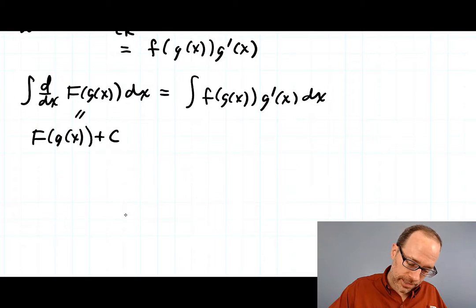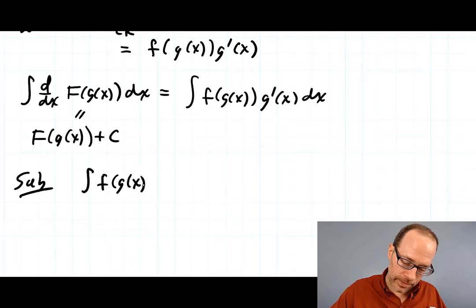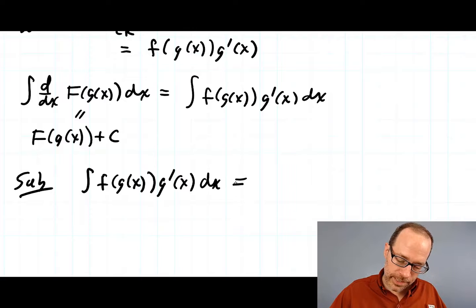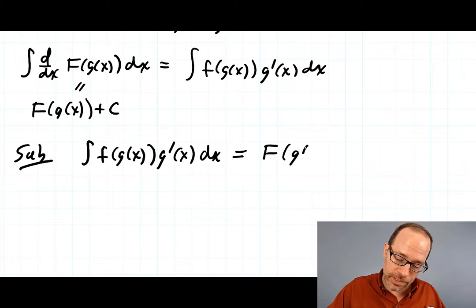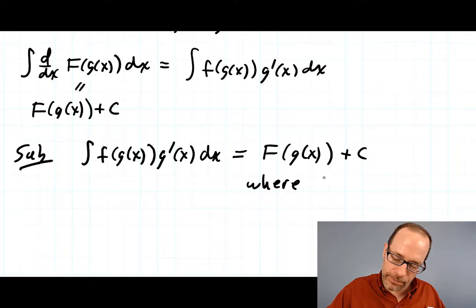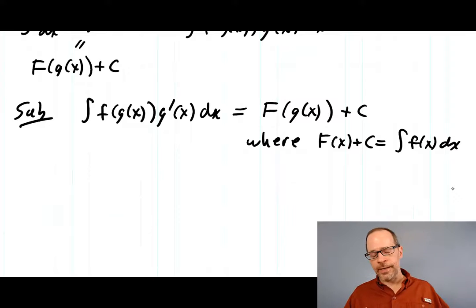Let me rewrite this on the other side. And this actually formally is the official statement of the substitution rule. It says if you want to integrate f of g of x times g prime of x, the answer is capital F of g of x plus c, where capital F was the antiderivative of little f. That's actually what substitution is.